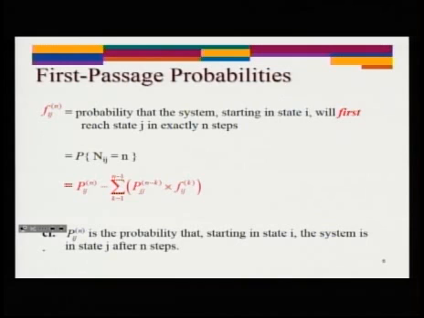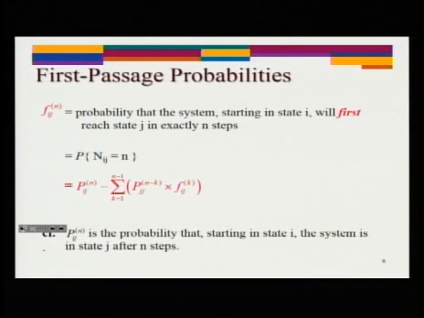Okay, next is about the first passage probability, or first visit probability, some people say. It is represented by F instead of P. Okay? So that is the probability that the system will first reach state j in exactly n steps.